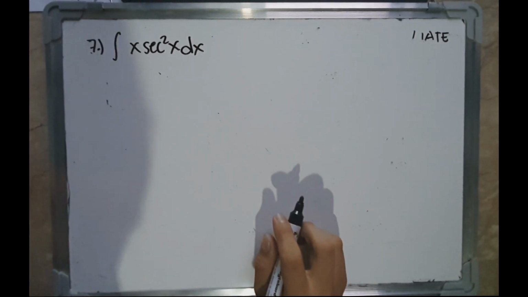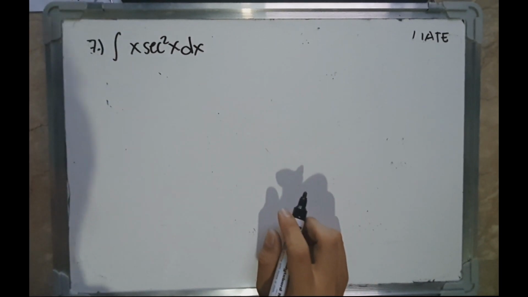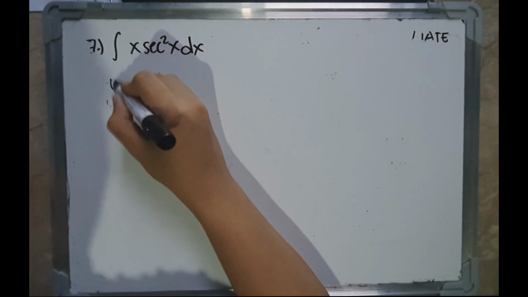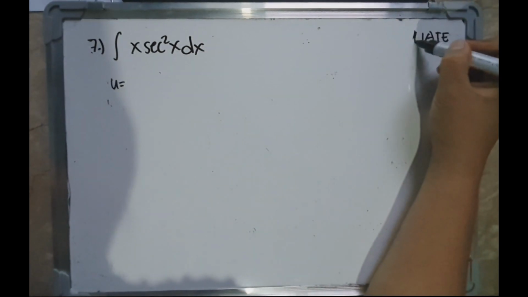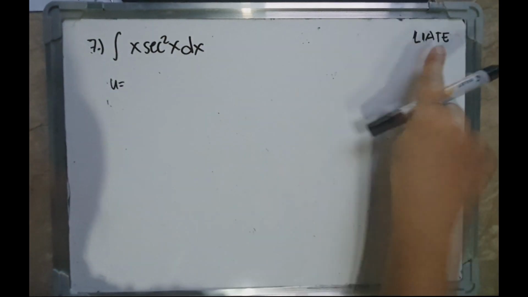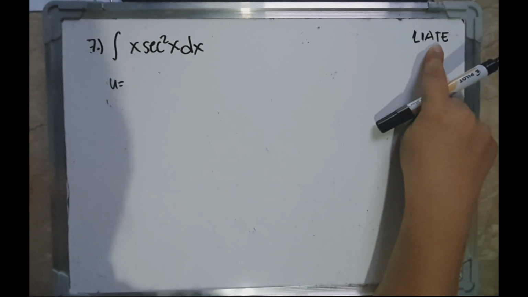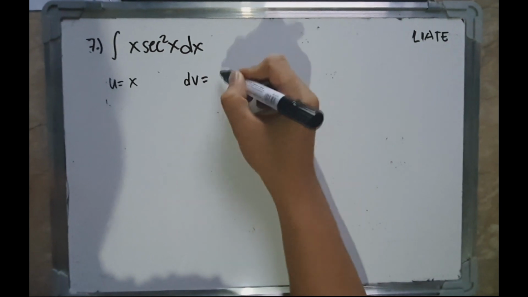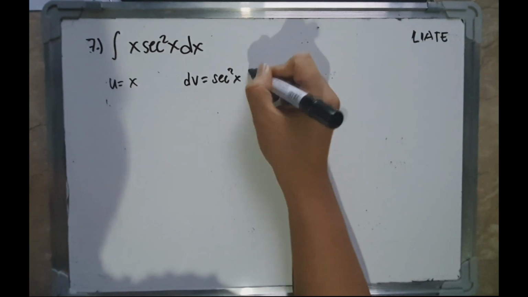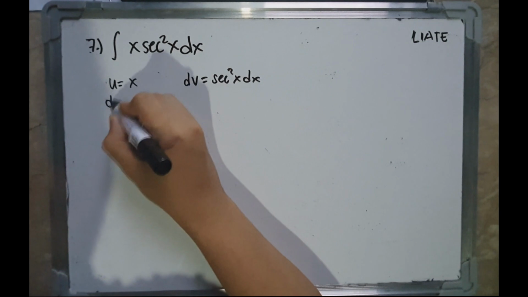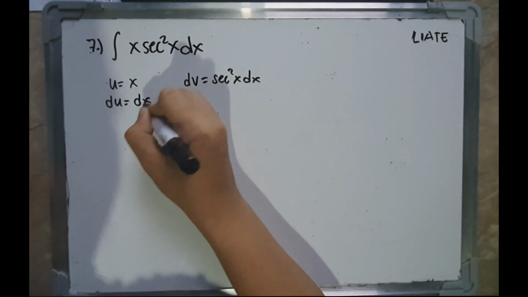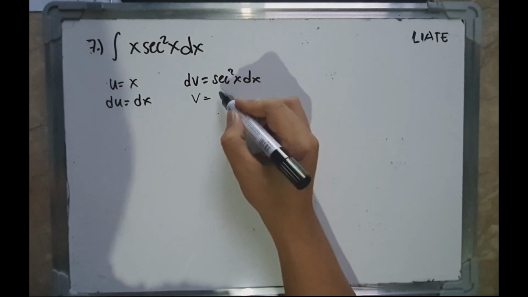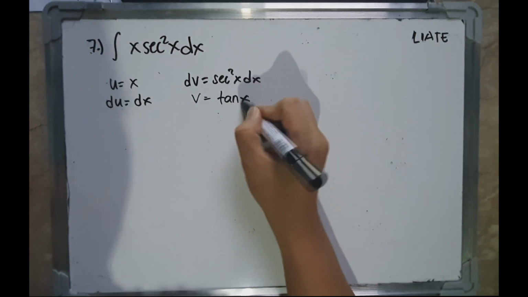Okay, let's solve number 7. Integral of x secant squared x dx. Again, we will assign this one as the u from the LIATE. So algebraic first before trigonometric. U as x, the dv as secant squared x dx. The derivative of u, the derivative of x is dx. The integral of dv, integral of secant squared, that is tangent x.